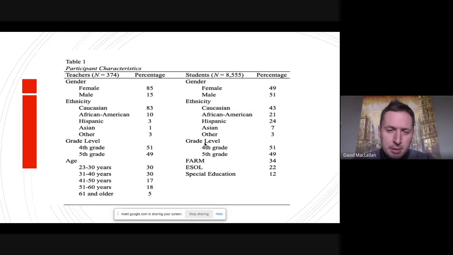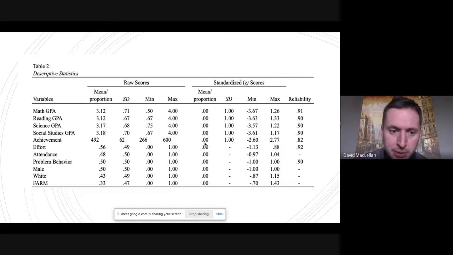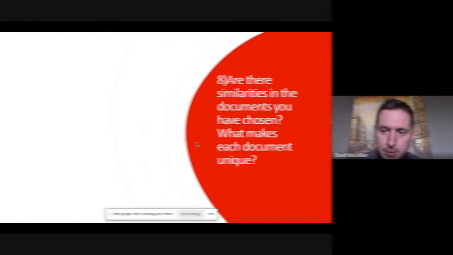Comparing this to the second research project, you see a more comparative analysis, looking at teachers versus students, male versus female, different ethnicities. So the results in these tables are yielding a more comparative look.